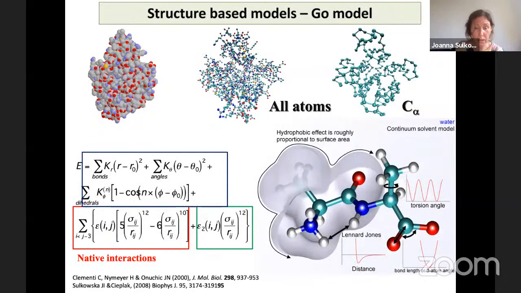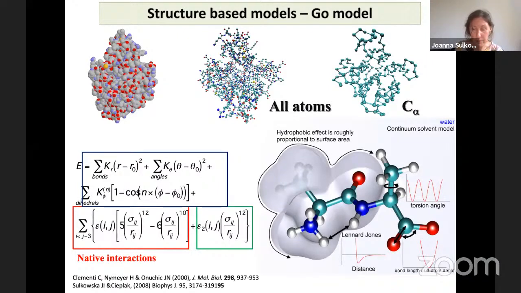You cannot study a protein with non-trivial topology with all-atom molecular dynamics simulation, because it will take too long, but you can use some other very simple models that we call structure-based models, which are based on the Lennard-Jones potential that mimics the interaction.